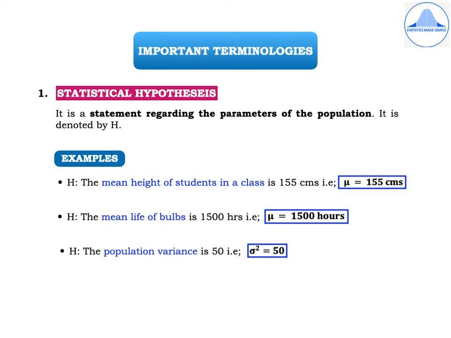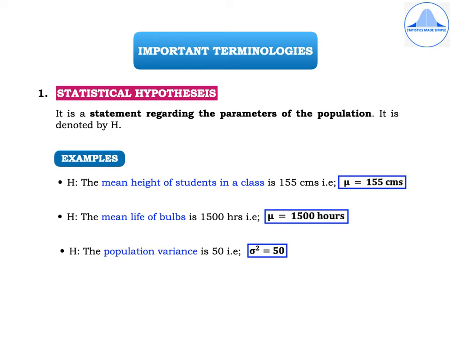So I can consider examples such as H denotes the mean height of students in a class is 155 centimeters. So all the students in a class will be a population, and the mean of the population is denoted by mu, and in this case it means that mu is equal to 155 centimeters.